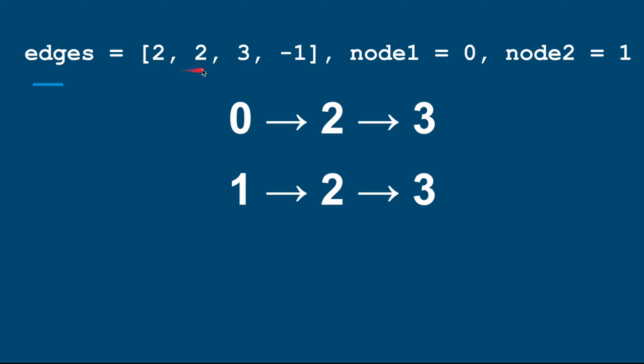Then we have 1, and this 1 is also representing 2, right? And index 2 has 3, so this represents 3, right? 3 doesn't go to any next node, so it has -1. I hope you understand, right? So you can represent 0, 1, 2, 3 like this.